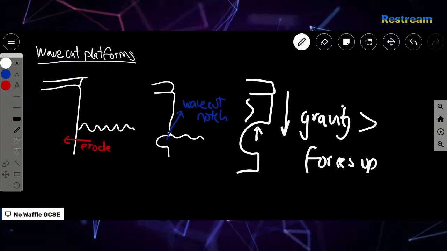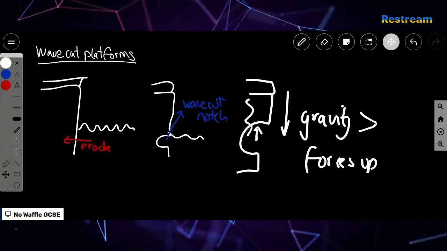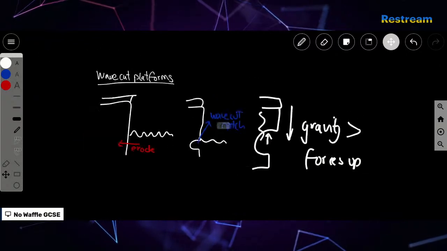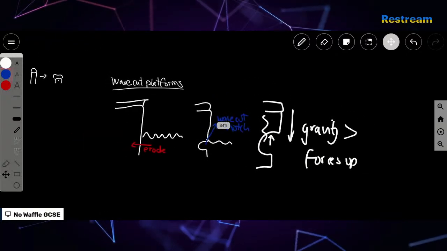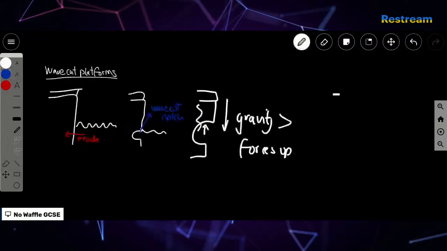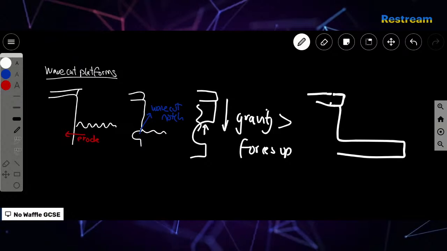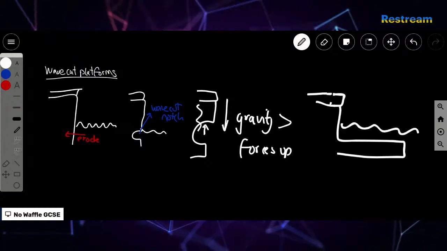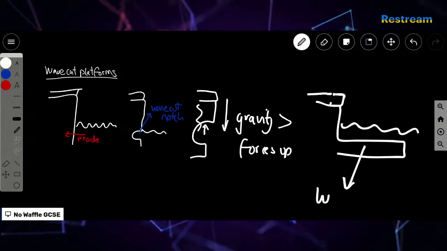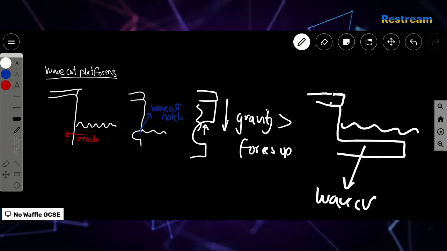Therefore, this eventually breaks and snaps down. And then you see that it then retreats the cliff. So then you have this. And what happens is the water goes up to here, and then it creates this thing here called a wave cut platform.